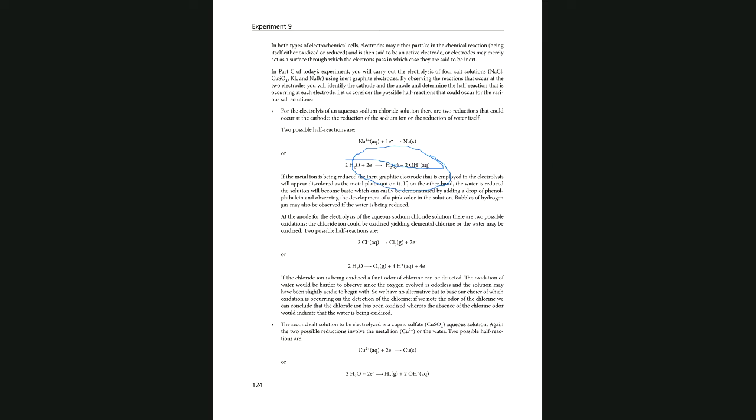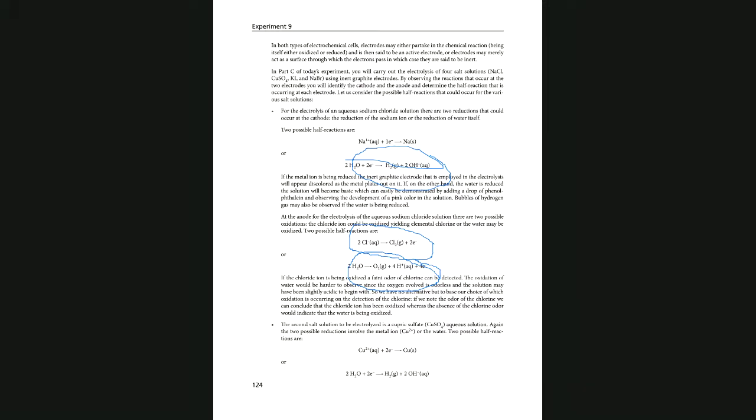Then you look for the other side. You have two choices: either chloride ion being oxidized to chlorine and giving electrons, or water being oxidized. Since we already saw water has been reduced, we cannot say that water is being oxidized and reduced.